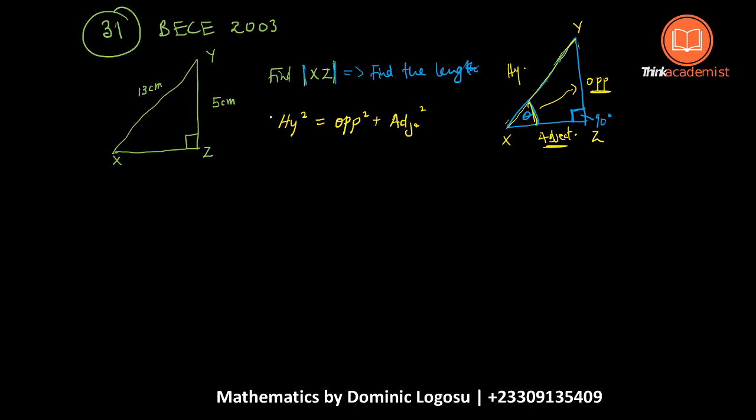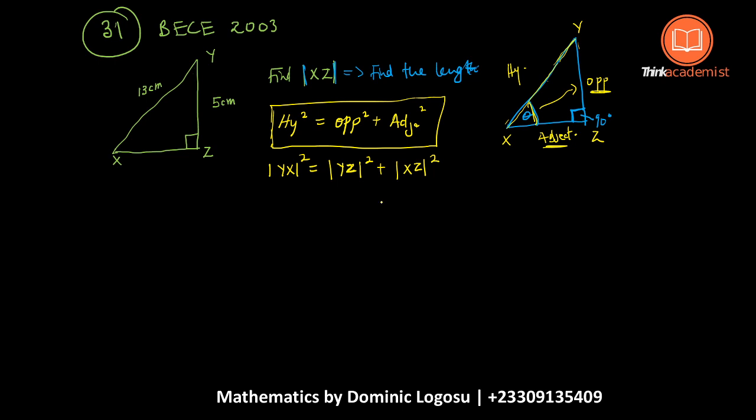Okay, so relating what I just wrote here, if I want to write it well in terms of the labelings of the diagram, the hypotenuse YX, whether XY or YX is the same thing, its square is equal to the square of YZ plus the square of XZ.